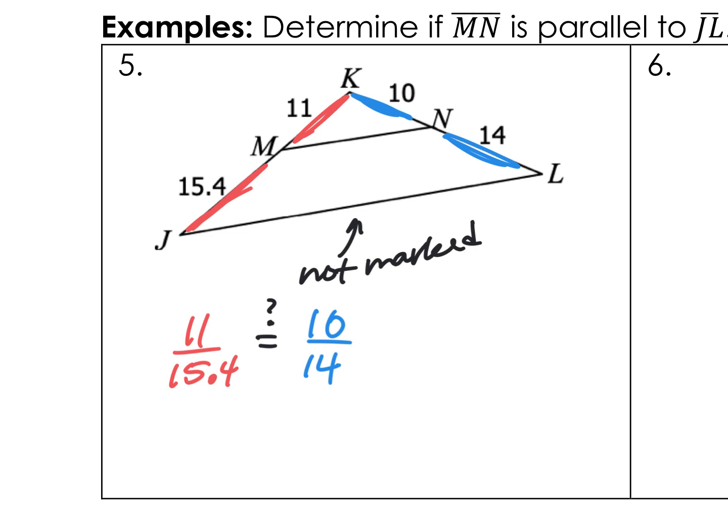Or you can reduce the fraction. Both of these turn out to be 5/7, or you can get the decimal. It's 0.714 in my calculator, and if you do 10 divided by 14, you should see the exact same thing.